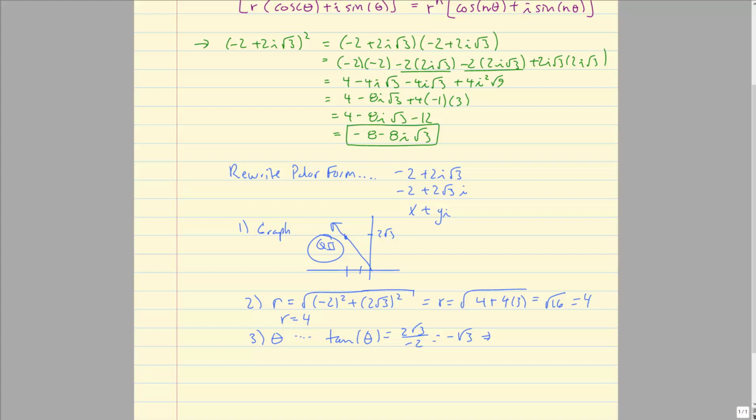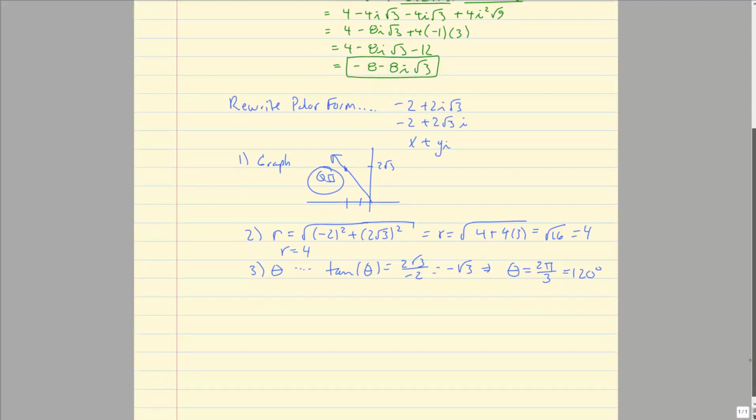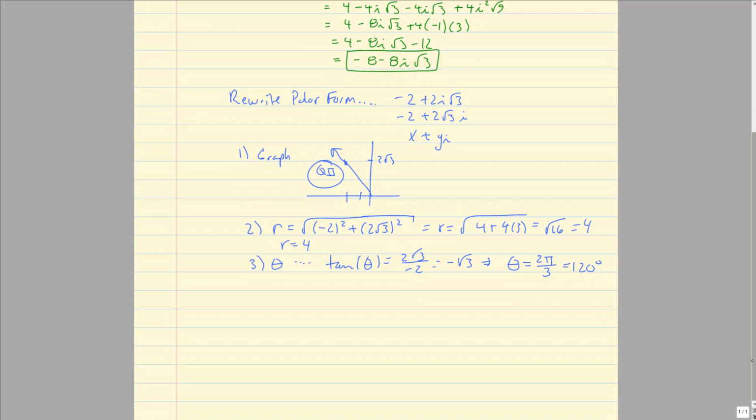Well, that's going to be a multiple of pi over 3. So theta in this case, and again we need to be in quadrant 2, is 2 pi over 3. And that's 120 degrees, because we'll probably be working in degrees with this problem. You can work in radians as well, but I think it'll probably be easier to work in degrees, and I think most of your MyMathLab homework in this section does have you working in degrees, so we'll stick with degrees here.